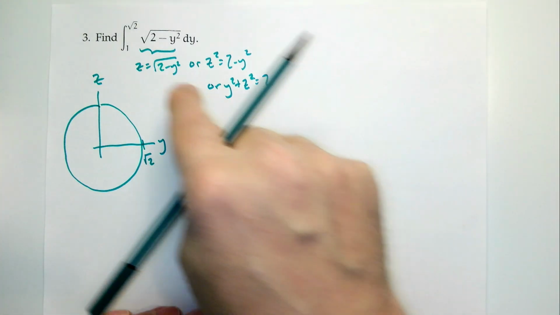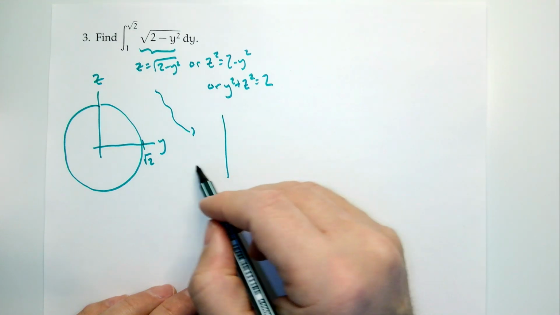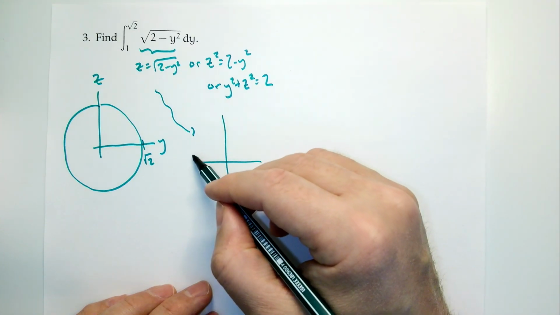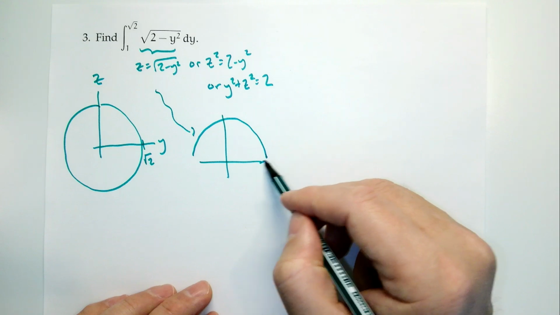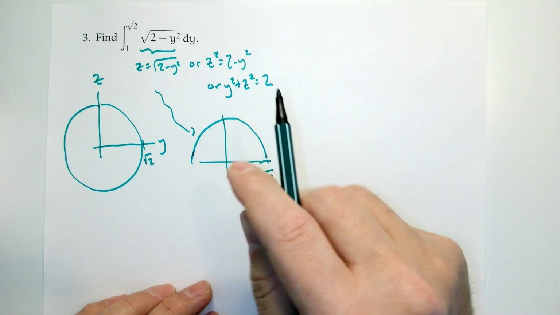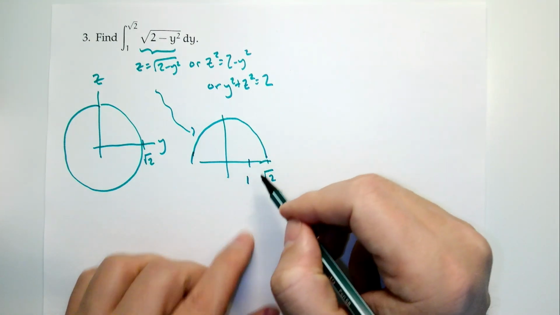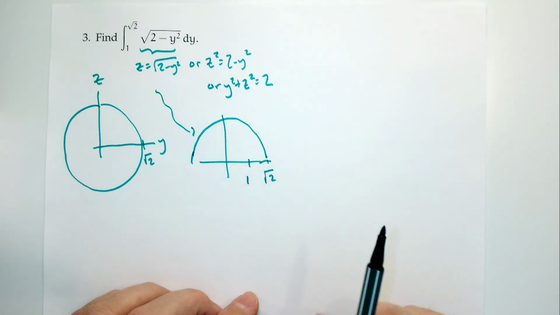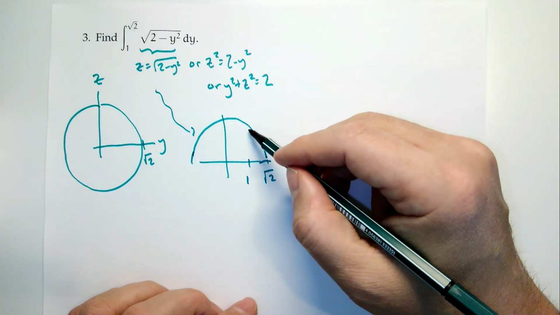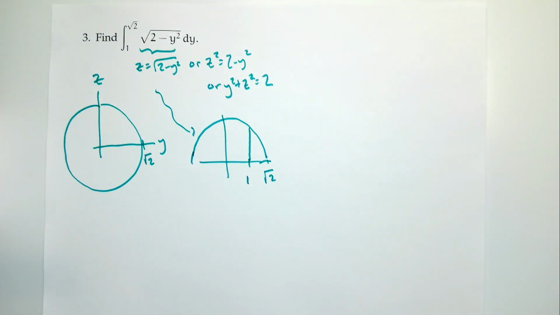But when we see the square root, what happens is we don't take the whole circle, we take the top half of the circle. So here is root 2, and we're not going to take all the circle, we're going to start at 1. So let's say this is where 1 is. 1 is smaller than square root of 2.